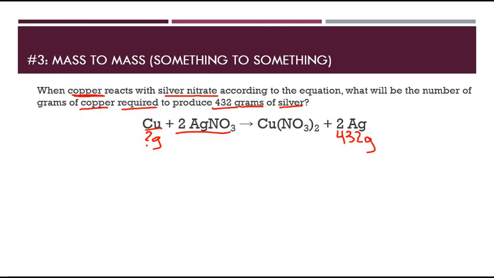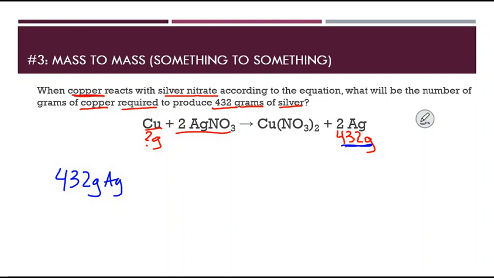Now, we plan it out using our map. So we start here with our grams of silver. And we also have to put the unit and the substance, because in the middle we're going to switch over to the copper. So we do have to identify the different chemical species as we go.